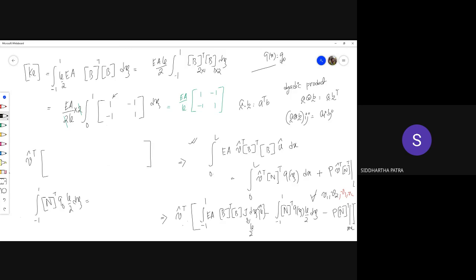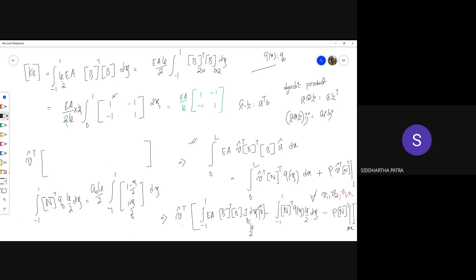Okay, assume that condition. Now for N transpose, you'll have to write down the expressions of N1 and N2. You can directly take Q0 LE divided by 2 outside of the integration. And here you have 1 minus xi divided by 2 and 1 plus xi divided by 2. Then you are integrating with respect to dxi.